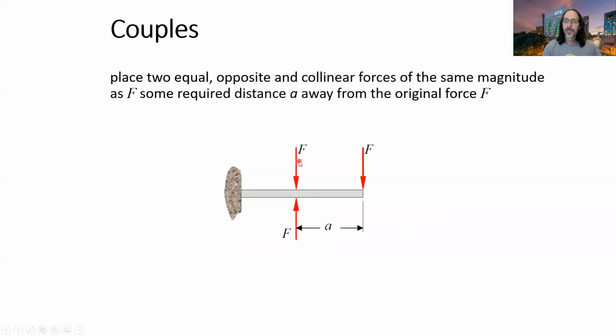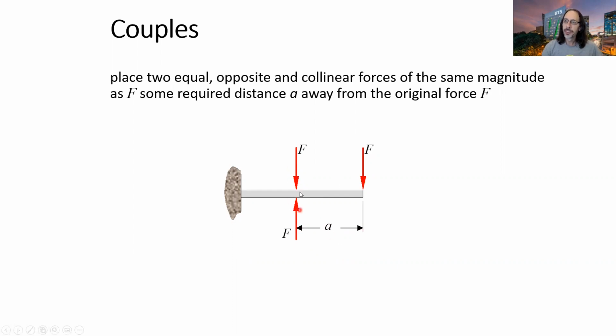If we place two equal and opposite and collinear forces the same magnitude as our original force, right, so we've done same force acting downwards and the same magnitude force acting upwards at the same point. So this minus this equals 0. So we've effectively done nothing, right?